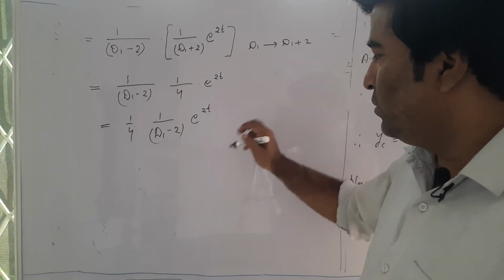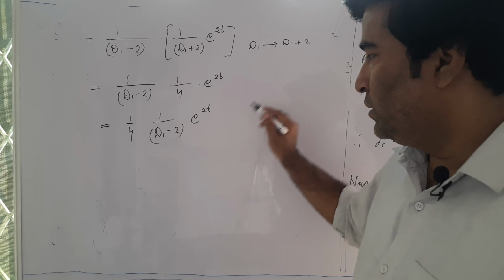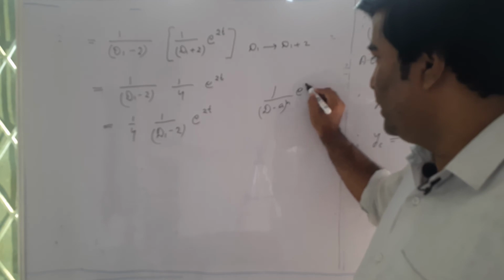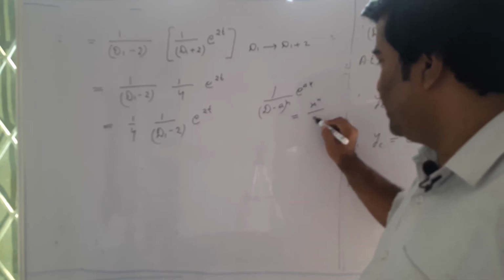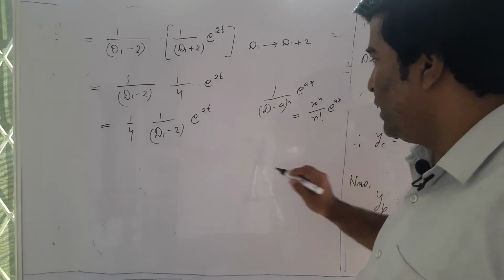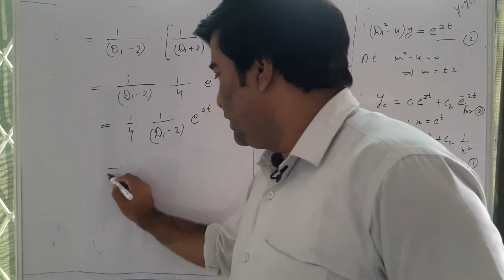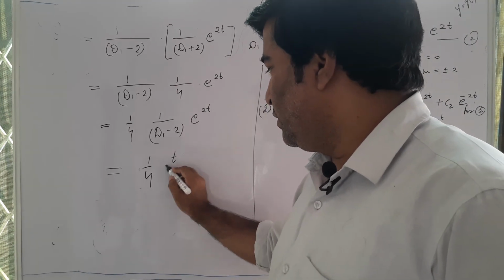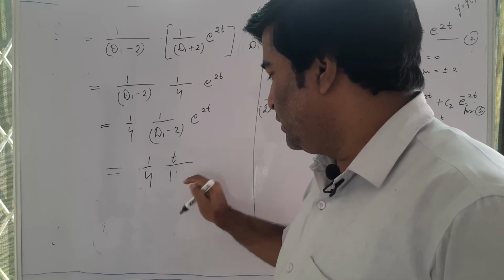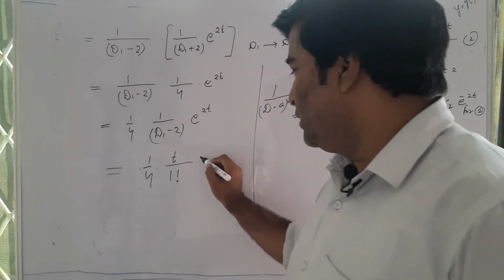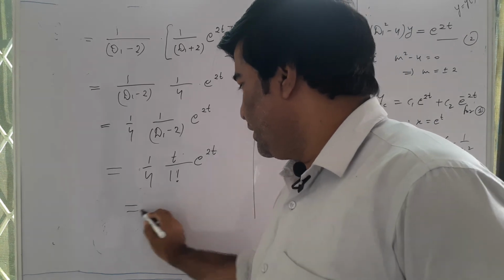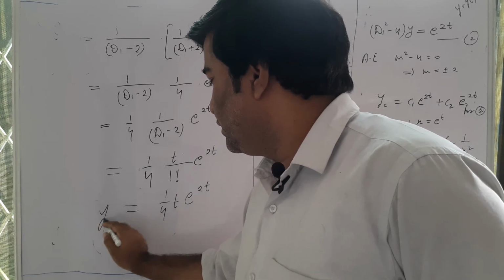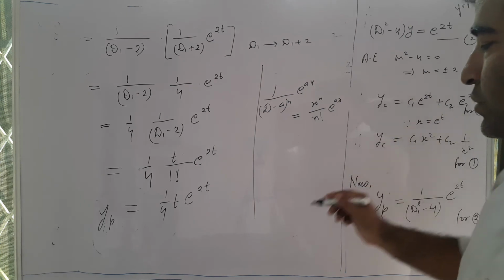Now we use the formula for x to the power n times e to the power ax, which gives x to the power n upon n factorial times e to the power ax. Here n is 1 and the independent variable is t, so we write t upon 1 factorial e to the power 2t, which is 1 by 4 t e to the power 2t. This is the particular integral of equation 2.